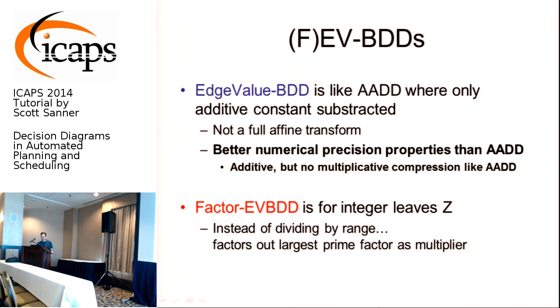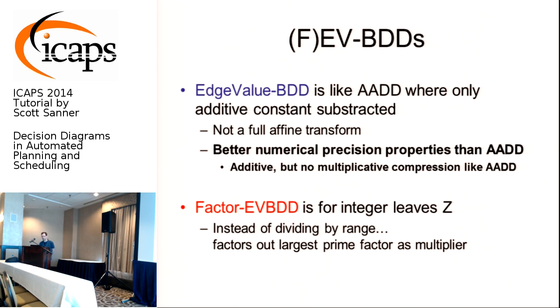Now you have things called the factor edge value BDD. It turns out when we did the affine ADDs, people had done some work previously for stuff like this with integer functions. However, it's quite different from the affine transform that I showed you previously. When you have integer functions, the way you define canonicity is with prime factorizations.